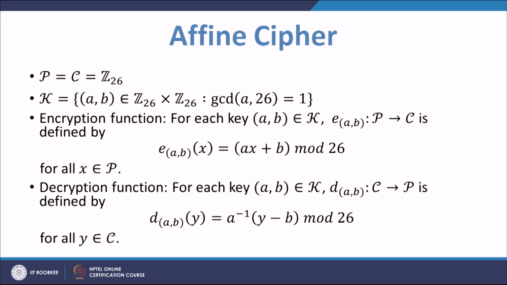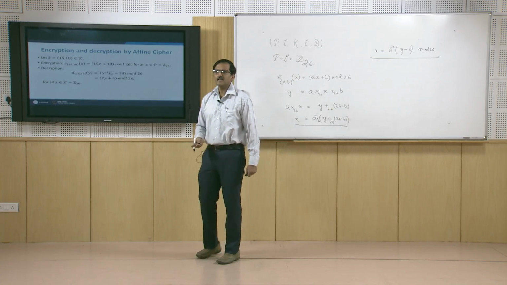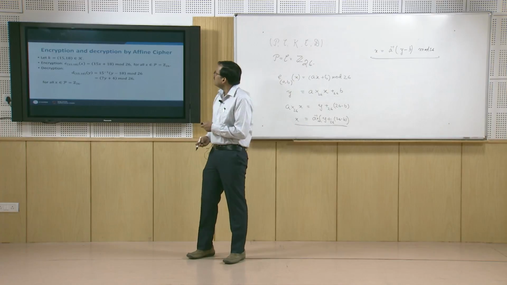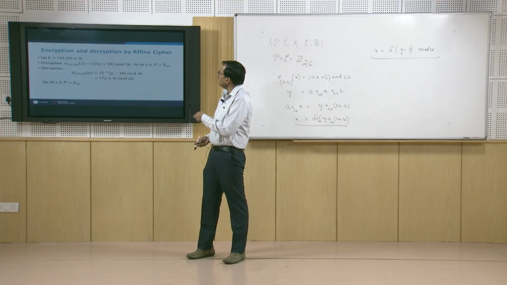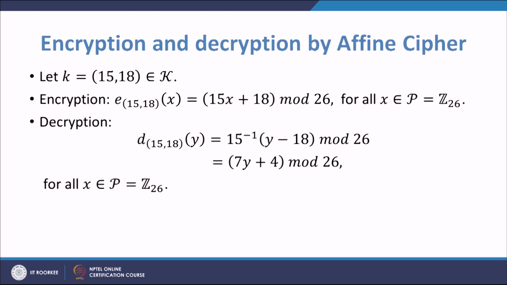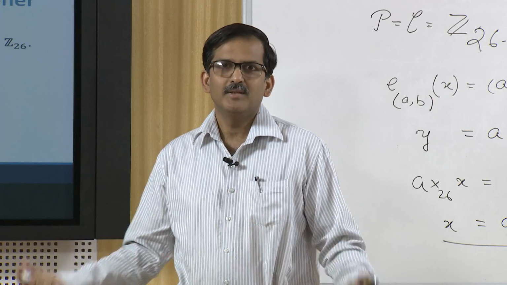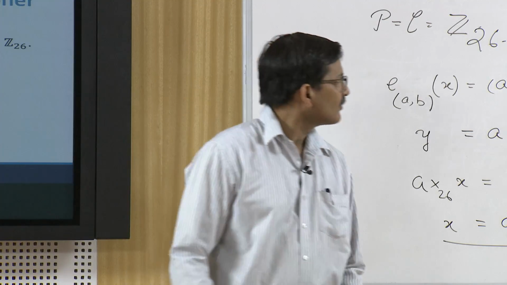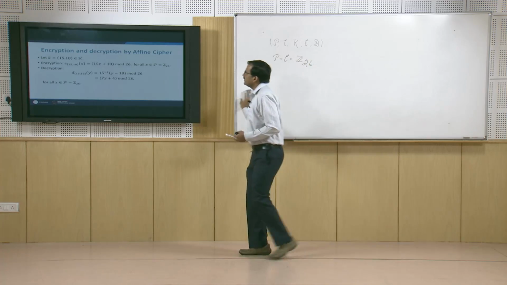Now, let us look at an example which will clarify the matter. Here we take the key to be 15 and 18. As we see, 15 is co-prime to 26, and we will see why that is useful. All right.